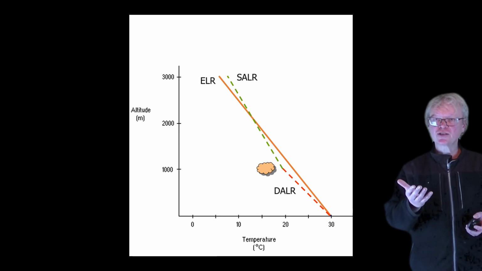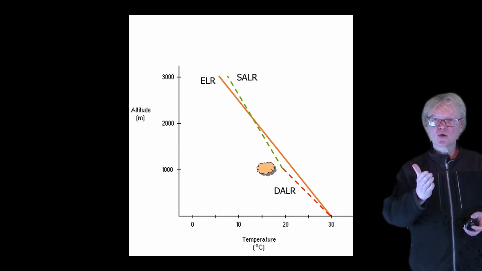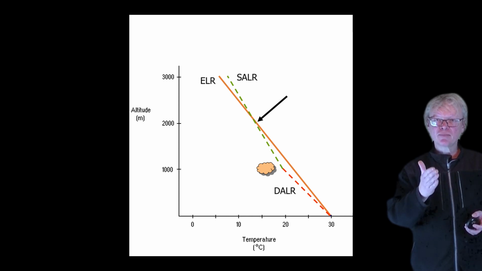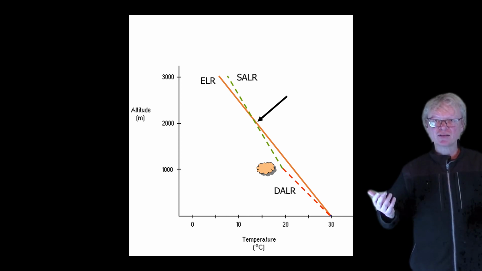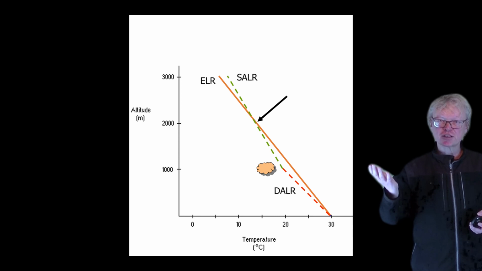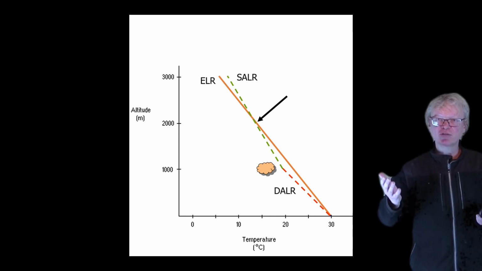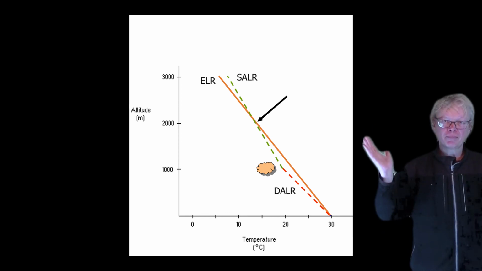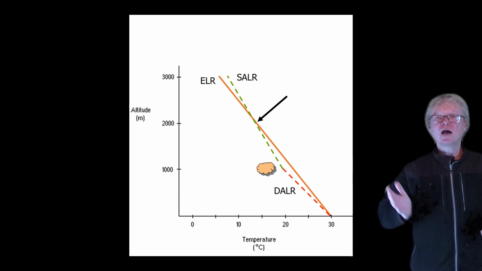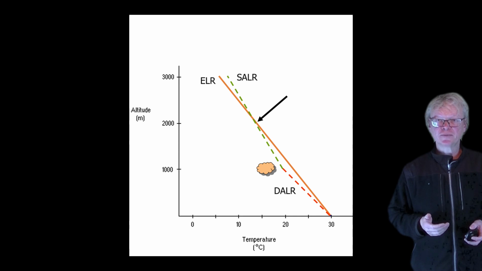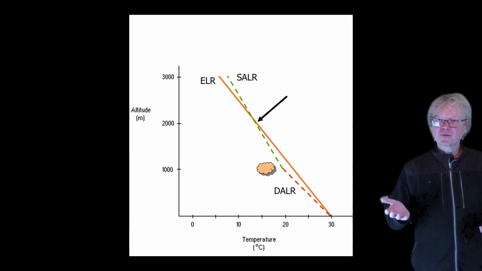But as soon as it reaches 2,000 meters, the temperature of the air parcel is then the same as the air around it. And if it's forced up a little more, the temperature of the air parcel is now warmer than the air around it, and bang, we've now got an unstable atmosphere. So let's say it was being forced up by a mountain.